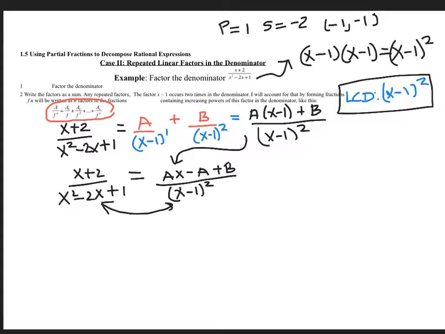So that means if the denominators are equal, the numerators are equal. So I'm going to write here x plus 2 must equal ax minus a plus b.